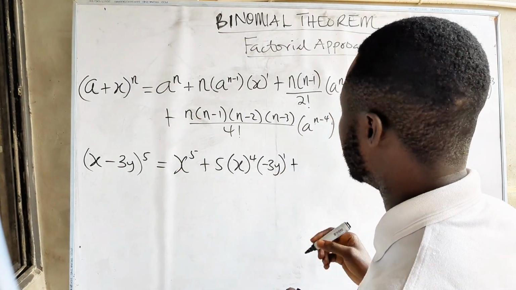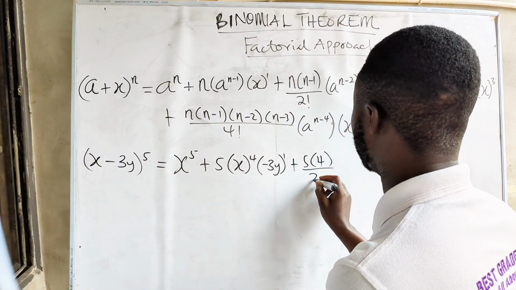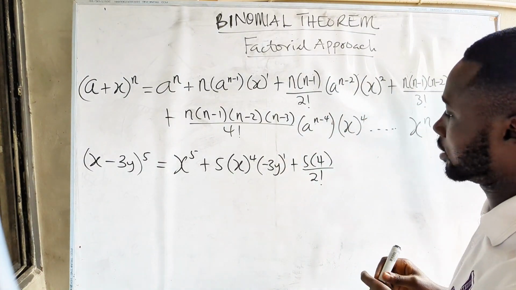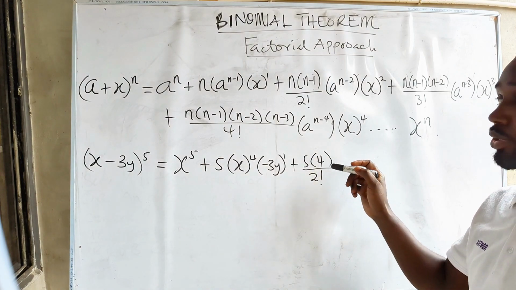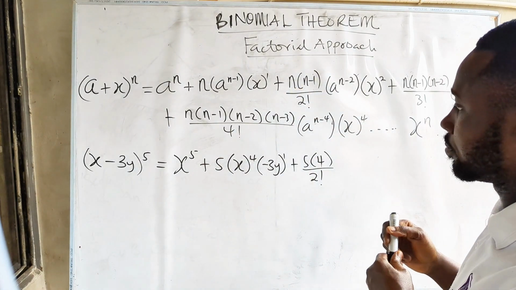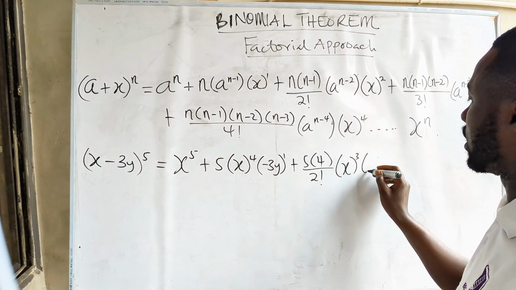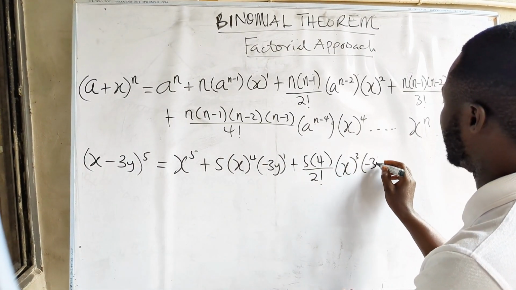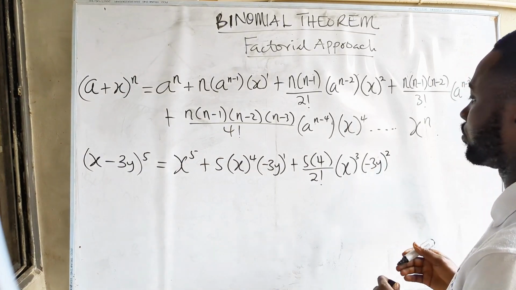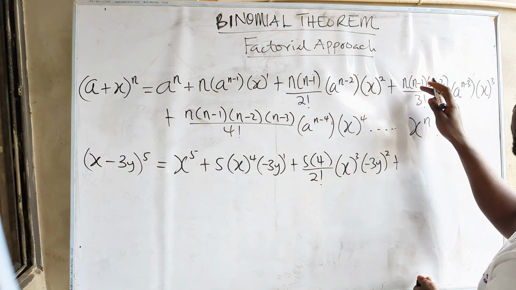Plus, then 5 will multiply by 4 over 2 factorial. Alright. So 5 times 4, it will be reducing, as in this particular place here. Okay. Then x exponent 3. Then minus 3y exponent what? 2.